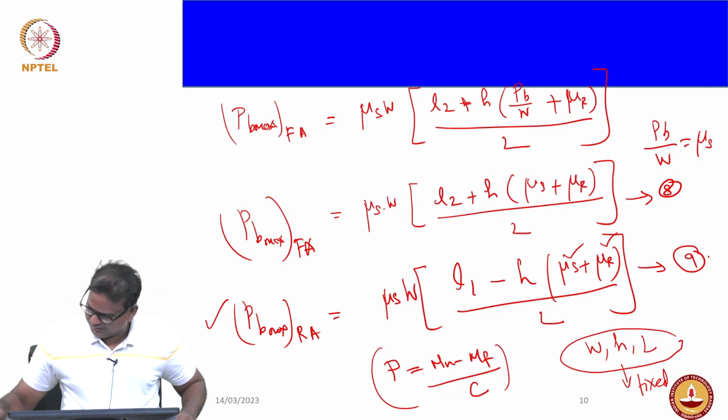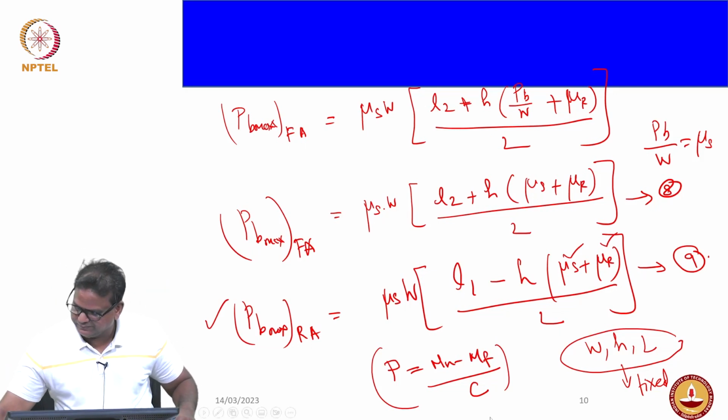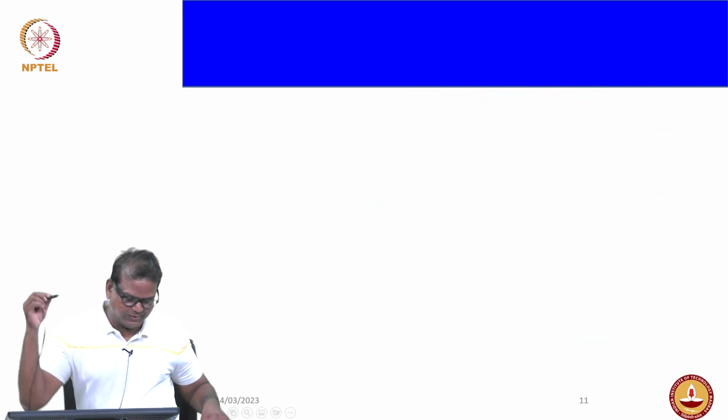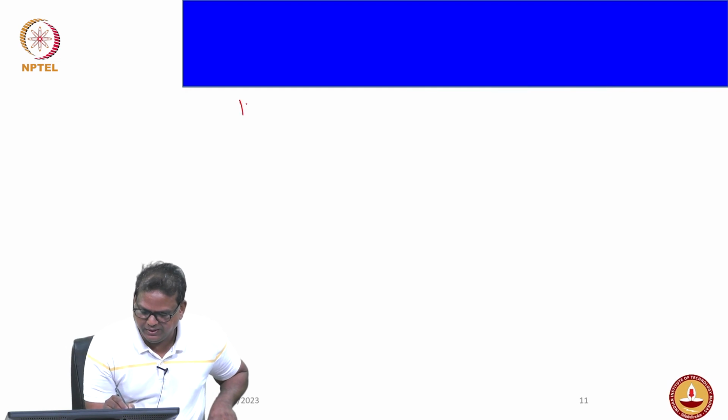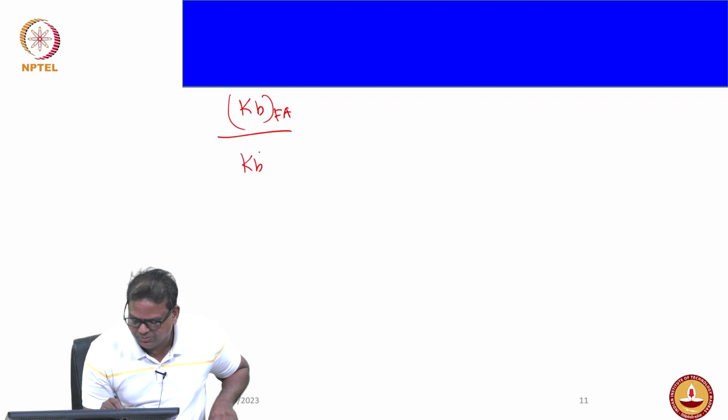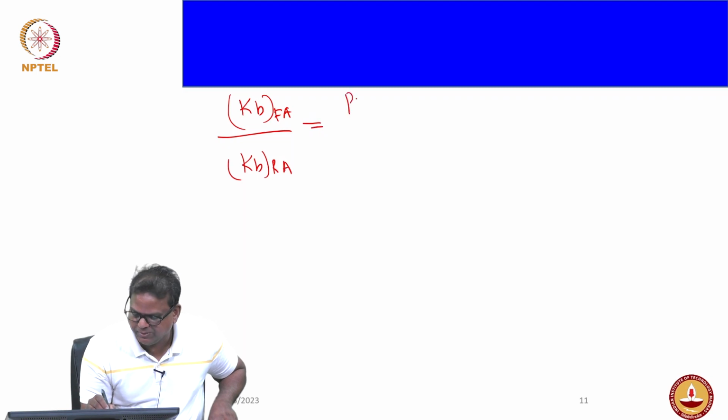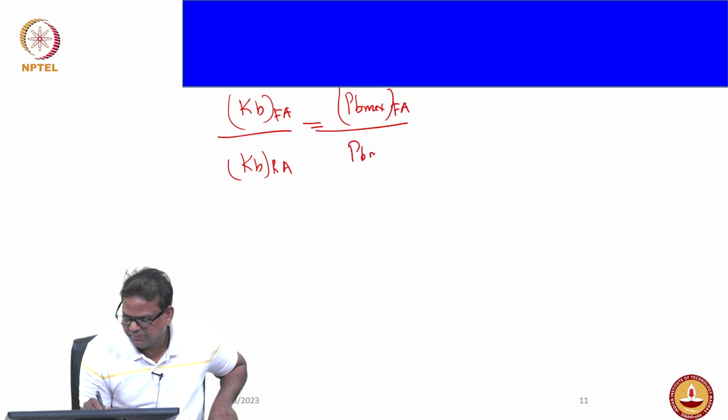In fact, I will introduce a new term called KB, the brake distribution factor for the front axle, and KB distribution again for the rear axle. If I do that, this is PB max front axle, PB max rear axle.